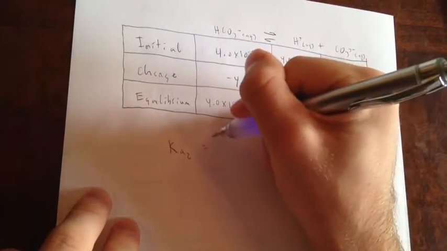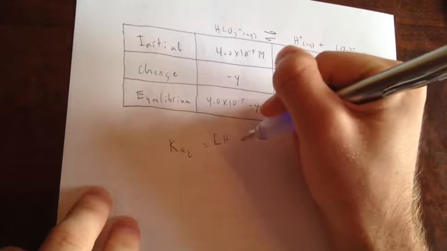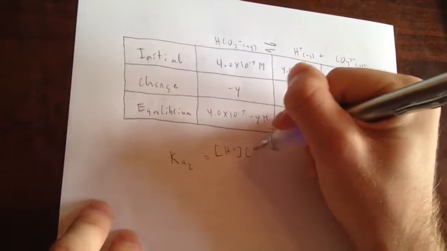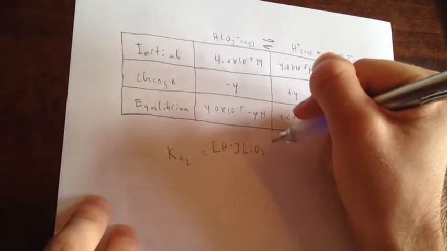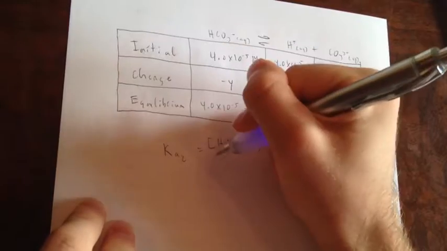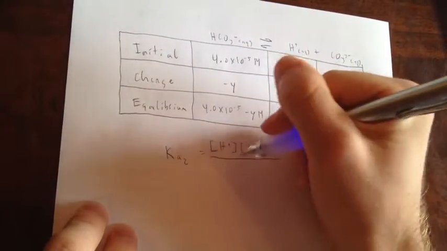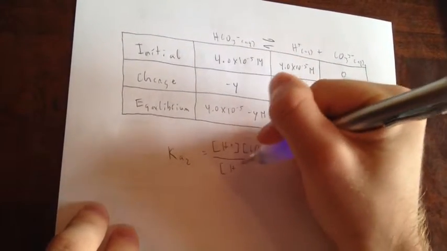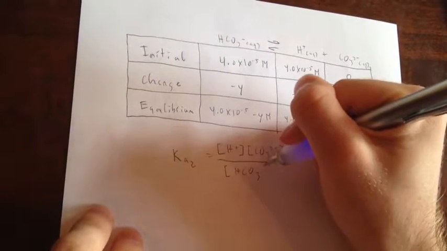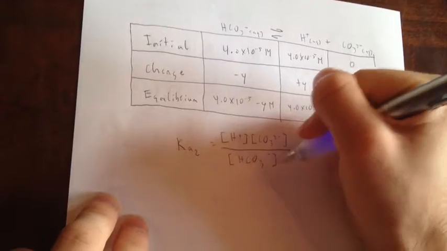The second acid dissociation can be written as Ka2 equals the hydrogen ion concentration times the carbonate ion concentration over the bicarbonate ion concentration. The values can be plugged into this.